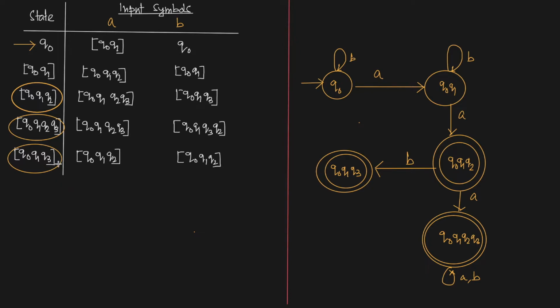Next, Q0 Q1 Q3 on A goes to Q0 Q1 Q2, and Q0 Q1 Q3 on B goes to Q0 Q1 Q2.